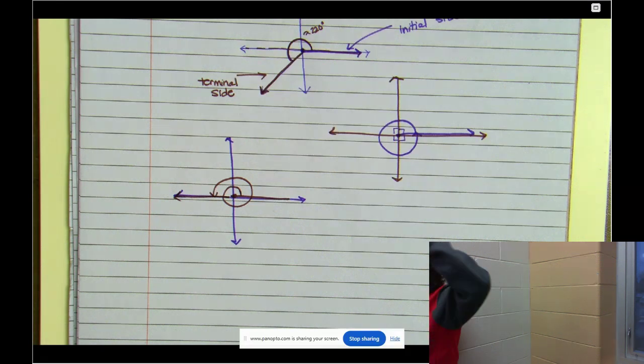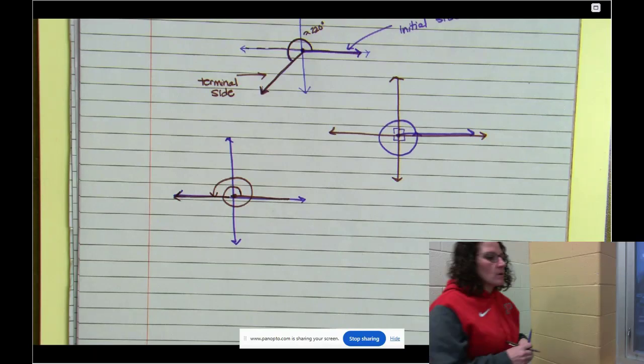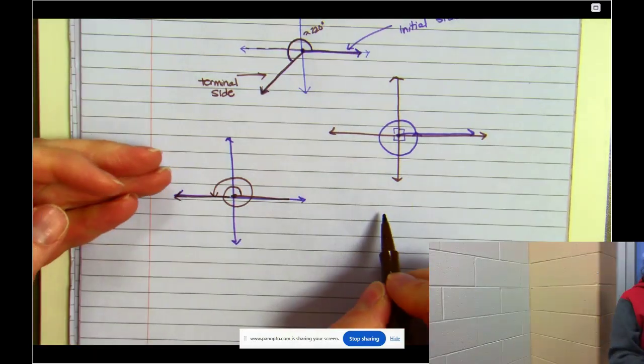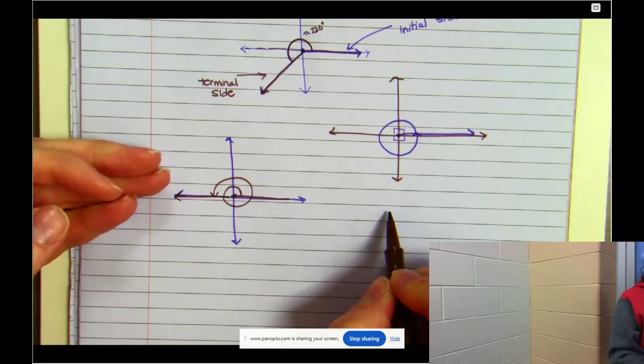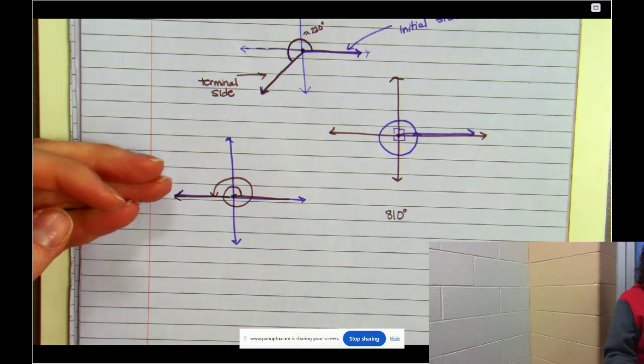Okay, because it's a whole circle plus another 180. So if I said to you, hey, this is an 810 degree angle. Okay, it's an 810 degree angle.